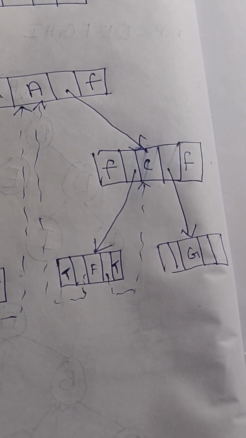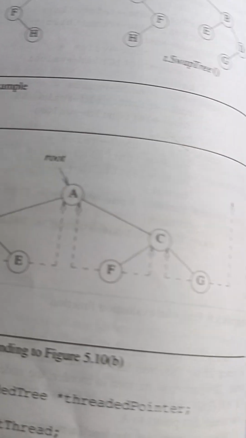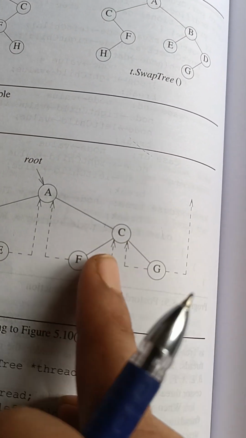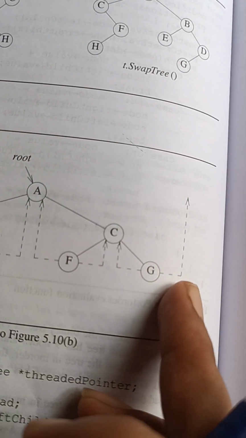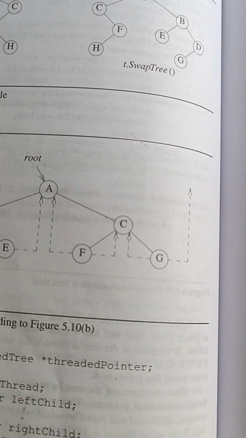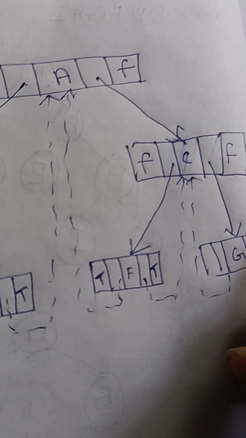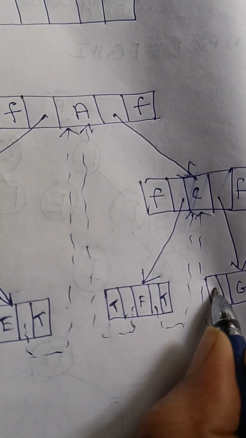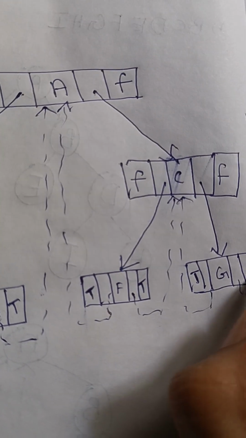Okay, now for G, check here. Does it have a predecessor and successor? Yes, it has a thread on both sides. Okay, so its predecessor is C and its successor is the root. We will mark it true.